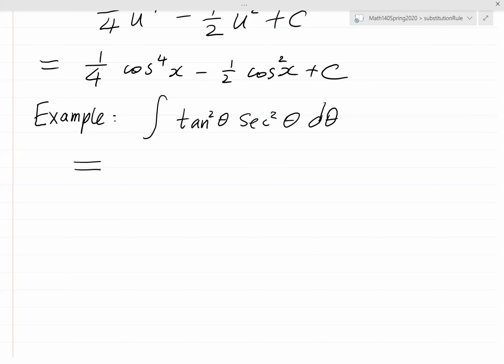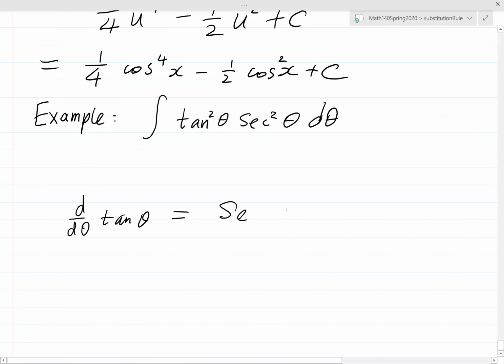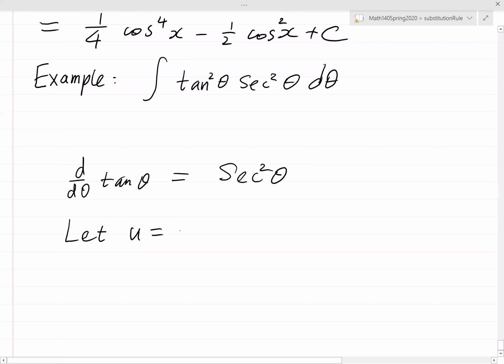Now this is not in the entry table. What we plan to do is try to use the substitution rule. Remember for secant and tangent, the derivative of tangent is secant squared. So let u be tangent theta.